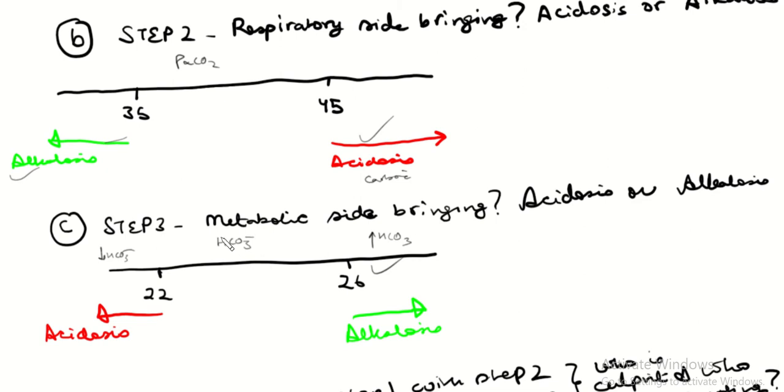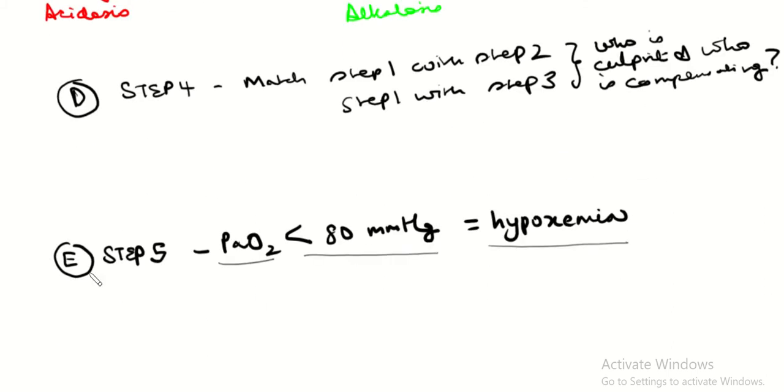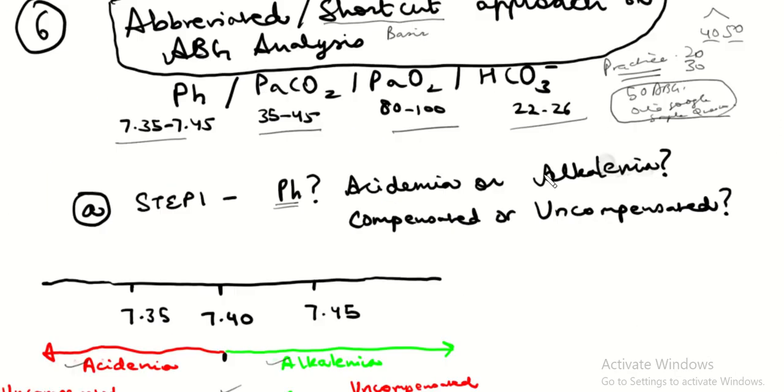What's the metabolic side bringing? Bicarb less than 22, acidosis; greater than 26, alkalosis. Match step 1 with step 2 and step 1 with step 3. That's what we do in step 4 to find out who's the culprit and who's compensating. And the last step is look at PaO2 to see if you have hypoxemia. If PaO2 is less than 80, you have hypoxemia. Got it? Remember these steps.